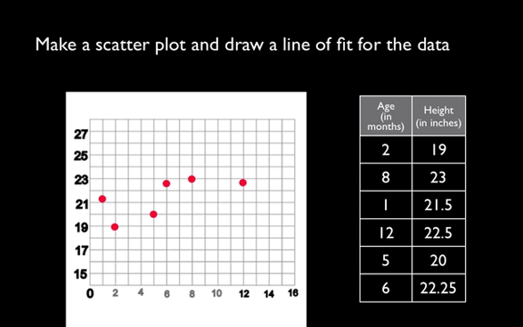Now remember, plots don't necessarily form a straight line, but we can see that there's sort of a relationship in there. So I'm going to draw in a line of fit, where I think the line of fit should be. All right, now what would be the purpose of this line of fit? Well, the purpose of the line of fit is it might help me predict something.